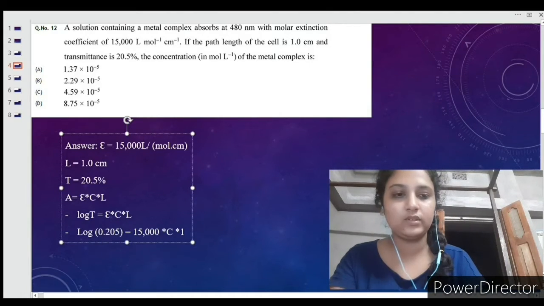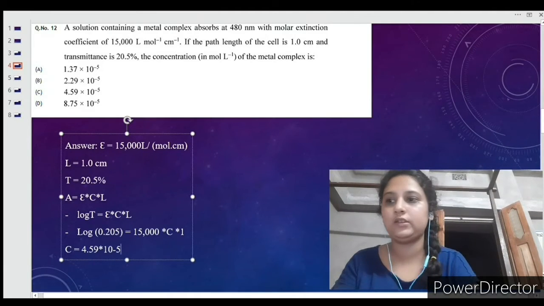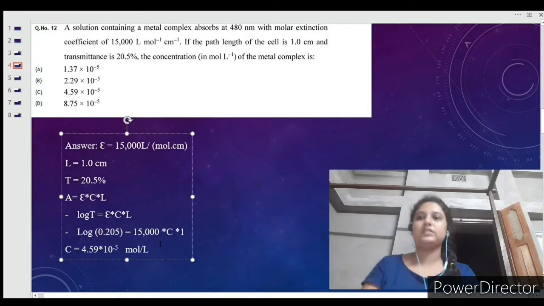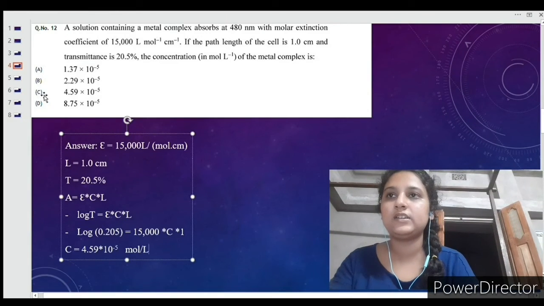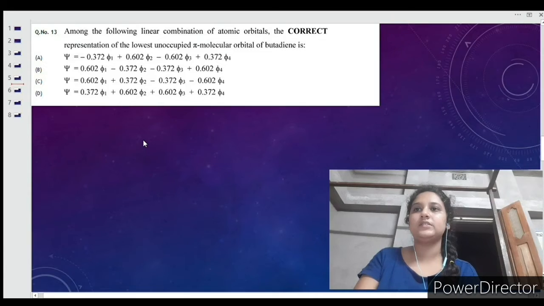So C is coming as 4.59 into 10 to the power minus 5. This is the answer, that is C is equal to 4.59 into 10 to the power minus 5 mole per liter. So the right answer is option C.